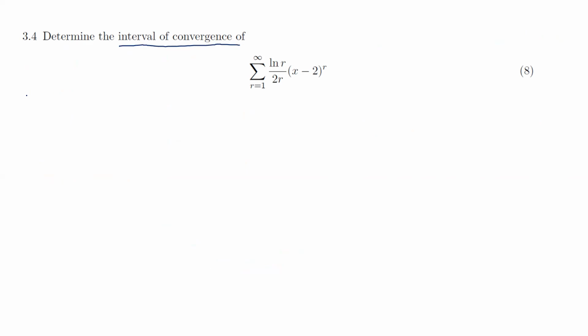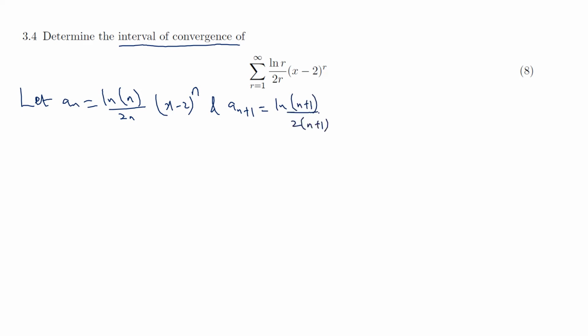So we let a_n be the ln of n over twice n, and this one to be the ln of n plus 1 over 2 times n plus 1.